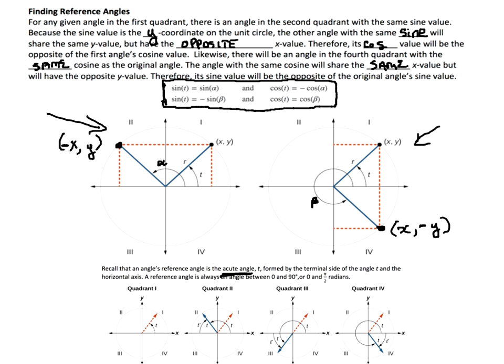Recall that an angle's reference angle is the acute angle t formed by the terminal side of the angle t and the horizontal axis. A reference angle is always an angle between 0 and 90 degrees, hence it being called acute, or 0 and pi over 2 radians. So they're just giving you different reference angles in different quadrants here.